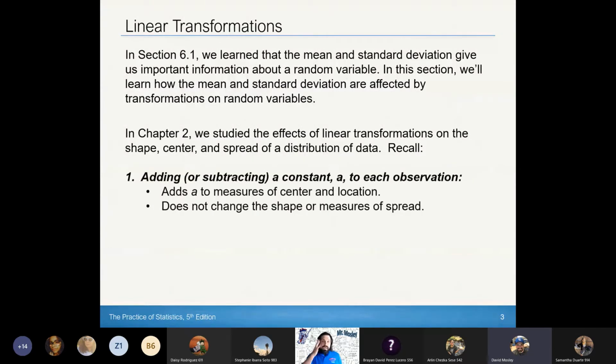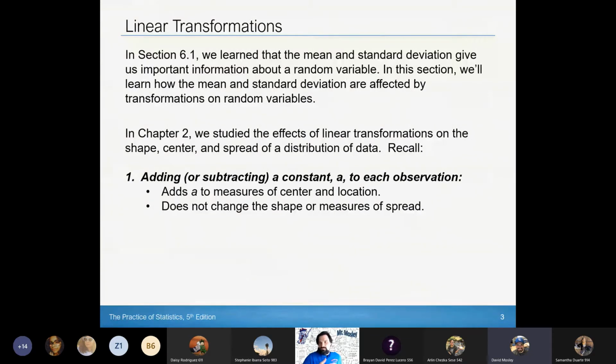Recall, adding or subtracting a constant a to each observation adds a to measures of center and location. Right? Median, mean, quartiles, percentiles, those are measures of center and location. But it does not change the shape or measures of spread.